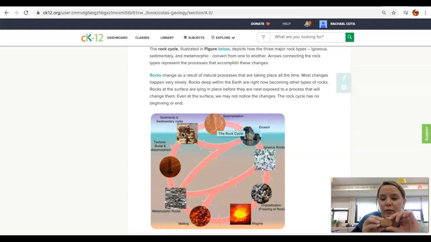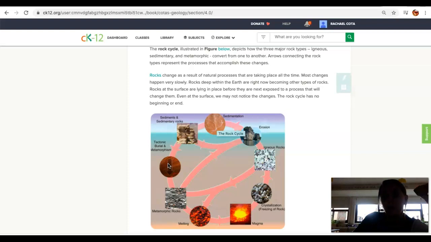Now the sedimentary rock, if it gets maybe buried down underground, either because of some kind of folding or faulting or tectonic plate movement that shoves this piece of rock deep down underground, it's going to be subjected to a lot of heat and pressure, and heat and pressure make up metamorphic rocks.